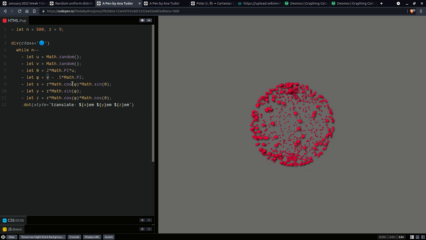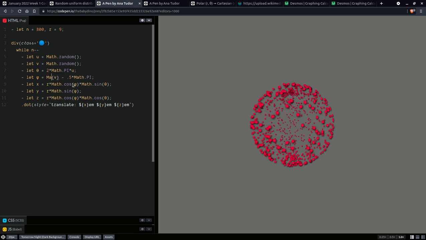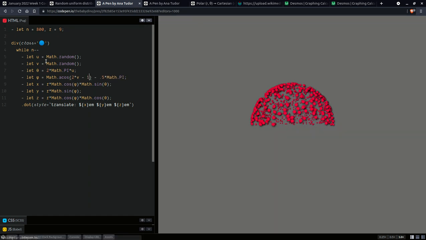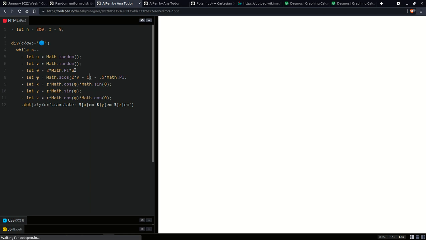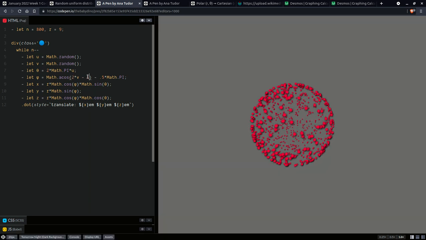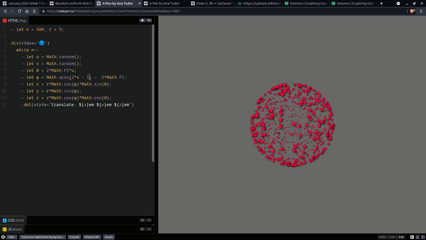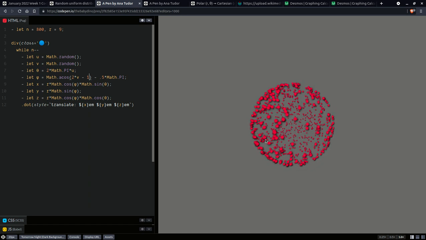So we are going to have the inverse of the cosine, arc cosine, of 2v minus 1. So if v is between 0 and 1, 2v minus 1 gives us something between minus 1 and 1. And you can see how we have a much nicer, much more uniform distribution now.